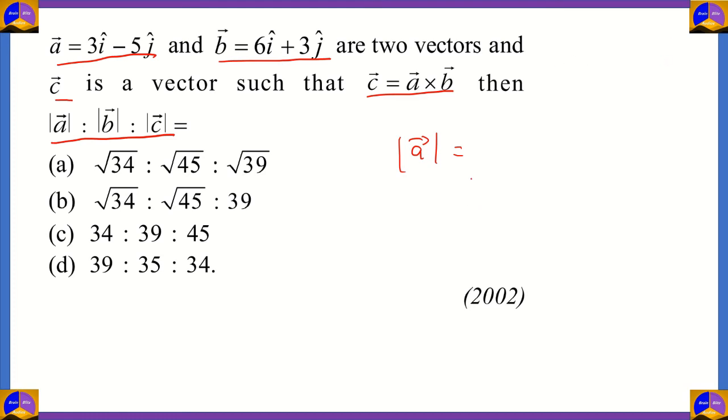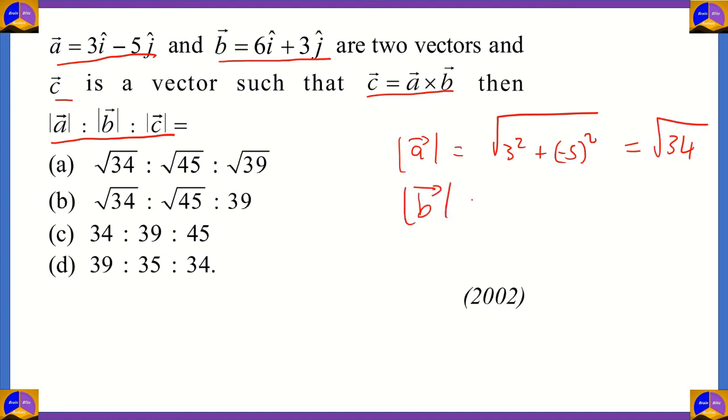So what that means is that for modulus of vector A, you will write 3 squared plus minus 5 the whole square, all of that under a root, and the final value will give you the correct magnitude. So 3 square is 9, plus minus 5 square is 25, so 25 plus 9 gives you 34. So under root of 34 is the magnitude of vector A.